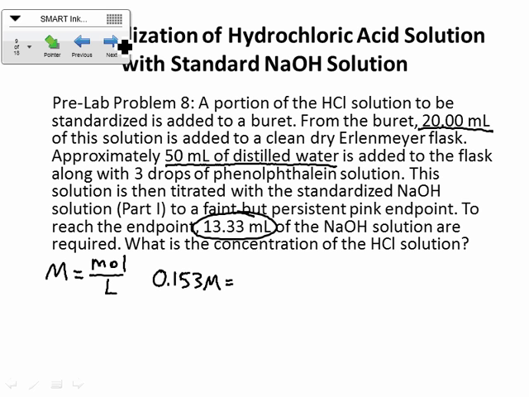0.153 molar is equal to the number of moles, that's what we're trying to find, divided by the number of liters. Now, again, you have to change this to liters, so it's going to be 0.01333 liters. Okay? This one I cannot do in my head.